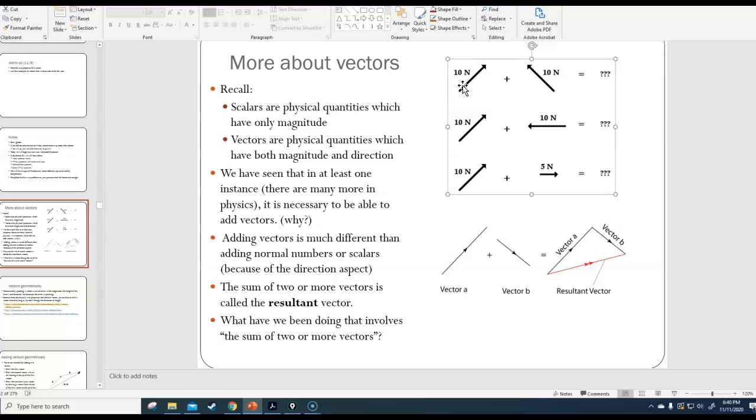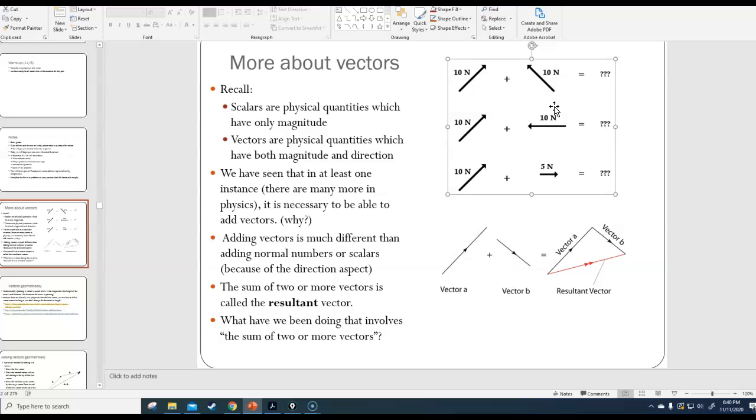And so this top row, the sum of these two vectors, is not going to be the same as the sum of these two vectors. Even though this is 10 and this is 10 and this is 10 and this is 10, these two answers are not going to be the same, because you can't just look at the magnitudes of the vectors. You also have to take into account direction. And so adding vectors is much more complicated than adding scalars.